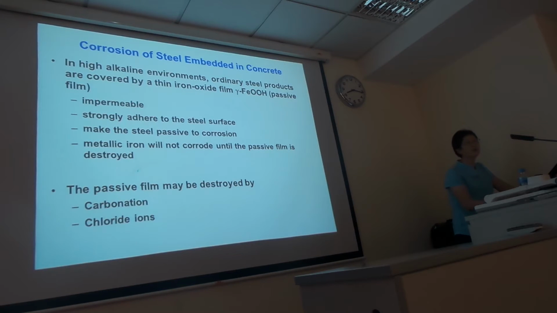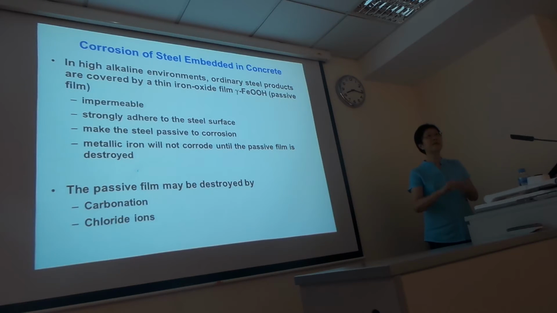And the third thing is that because of this passive film on the steel reinforcing bars, it makes steel passive to corrosion. So therefore, metallic iron will not corrode under the protection of this passive film. So concrete can protect the steel reinforcement due to its high pH level.